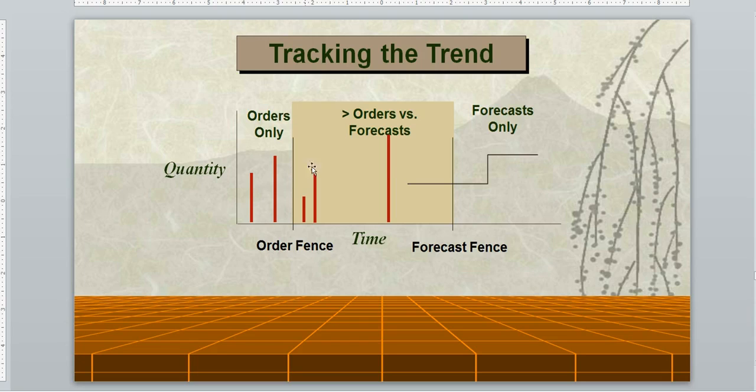And this is the way that the logic works. Here we have orders only inside the order fence and the forecast fence, and between them we're blending these two things together, and then outside of our forecast fence it's forecast only.